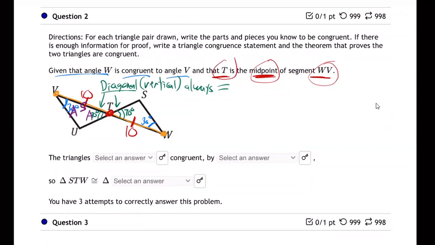See how in both triangles it's the same thing, angle, side, angle? We have two angles and the side in between. So we can say the two triangles are congruent by angle, side, angle.